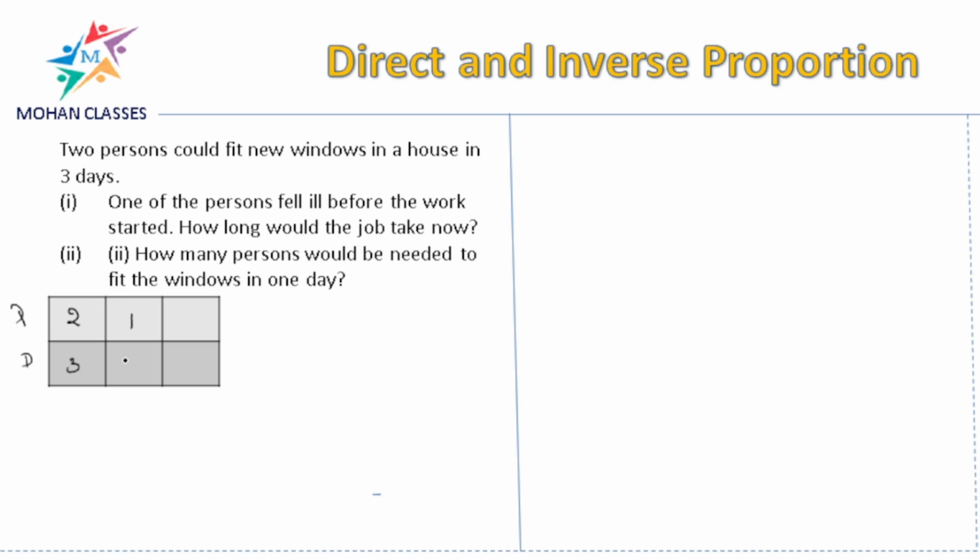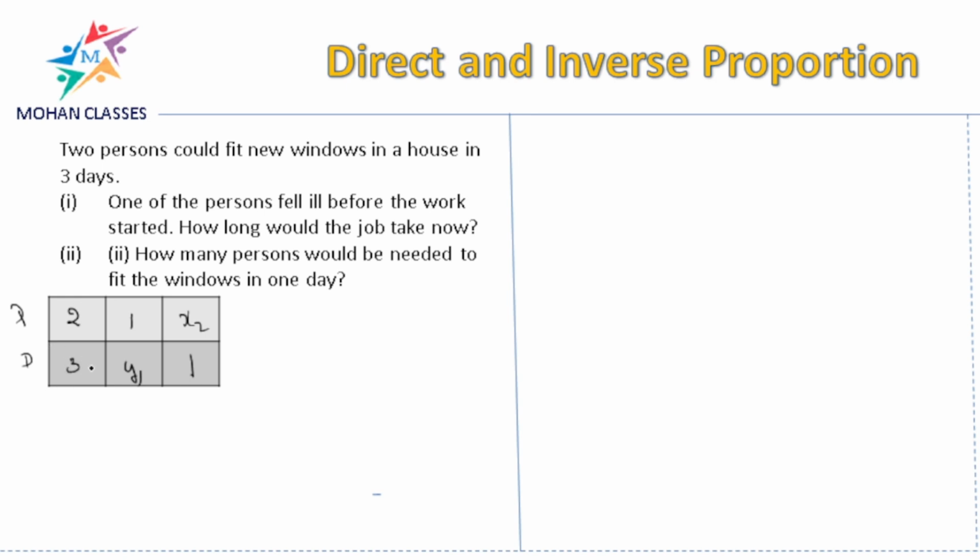What will be the time taken for this 1 person to complete the work? How many persons would be needed to fit the windows in 1 day? Now here they want to complete the work in 1 day, so here you have to find out what is x2. Clear? Understand?